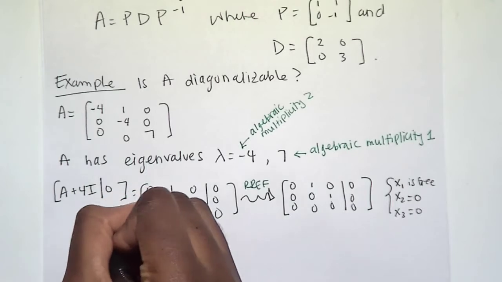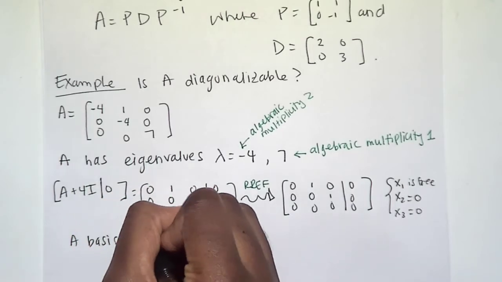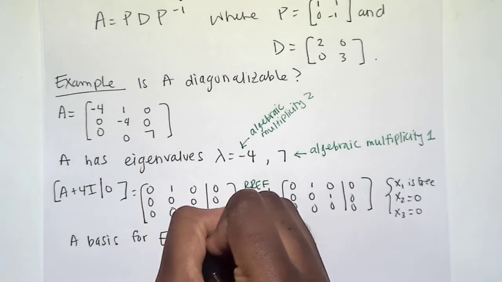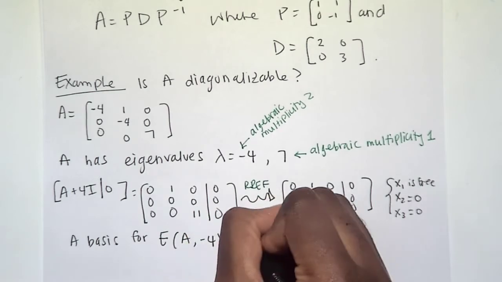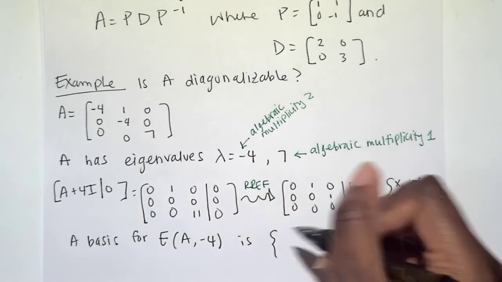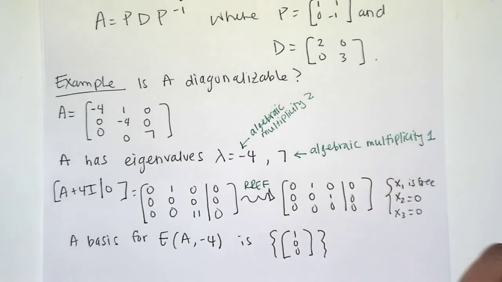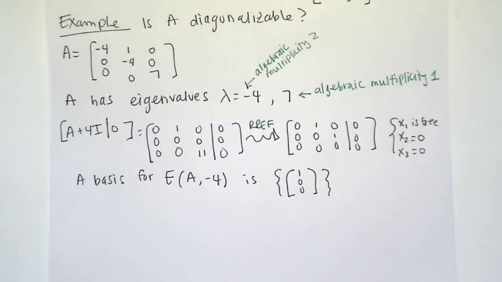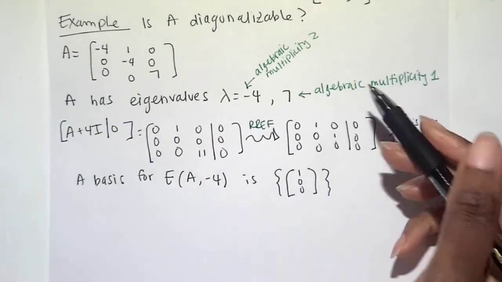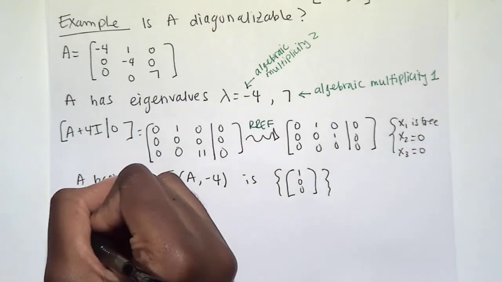So a basis for our eigenspace A -4 is going to be 1, 0, 0. You could also choose 9, 0, 0 or -5, 0, 0. It's all fine. Next we need to use eigenvalue 7.